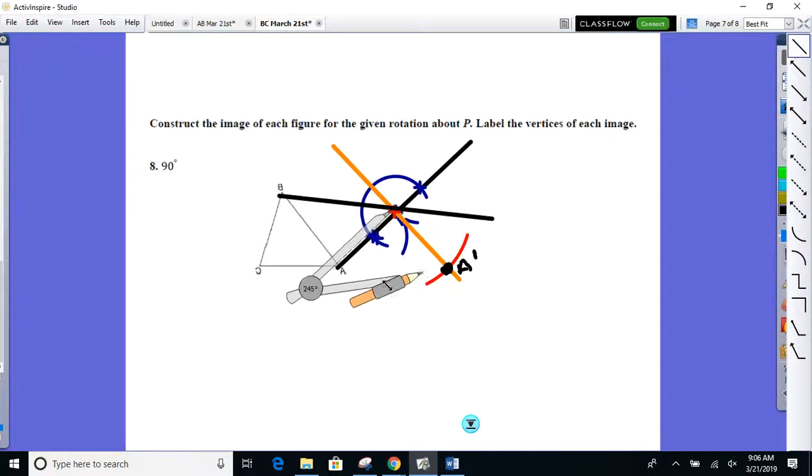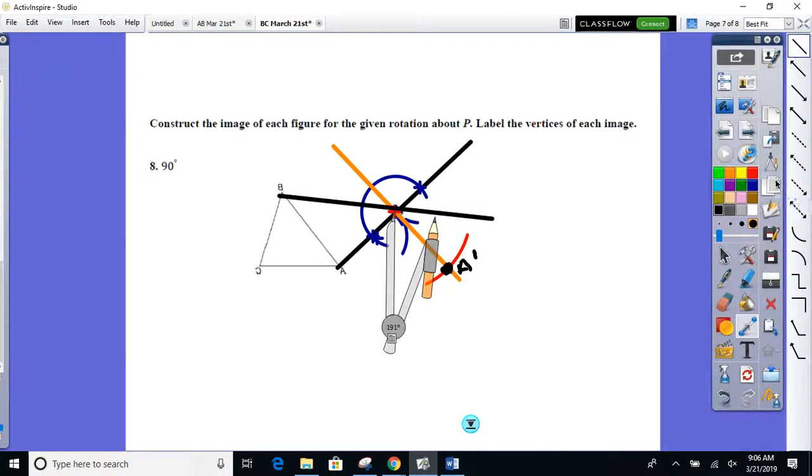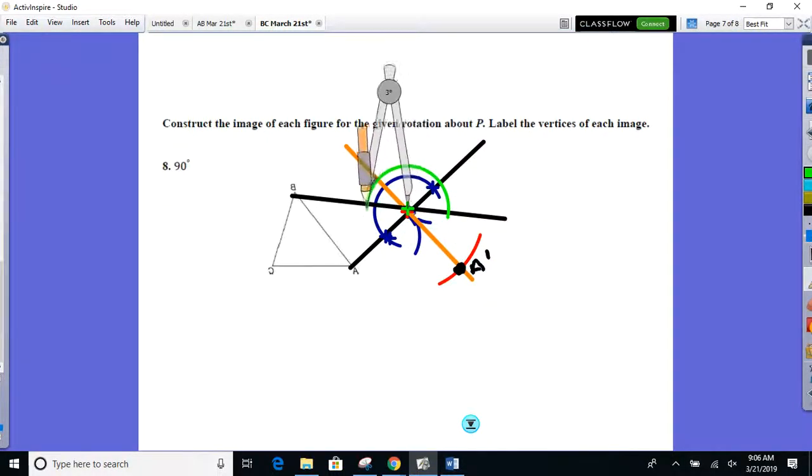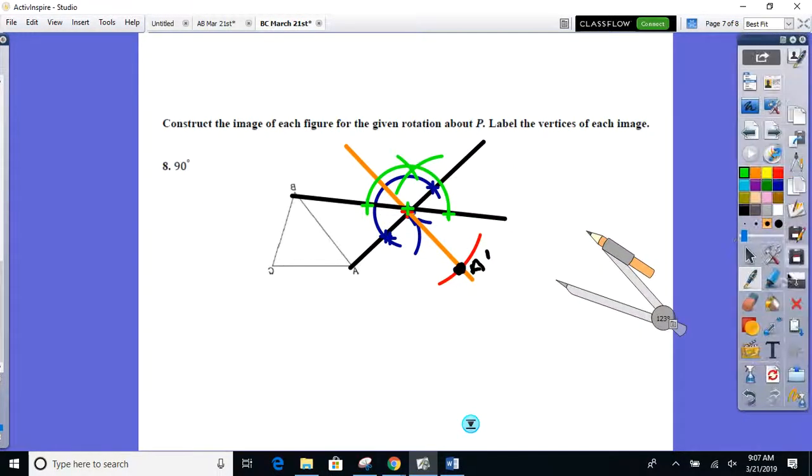I only get nervous because this is a lot of arc marks for you. I make an arc that intersects twice. I go from each point of intersection. Draw the line through.